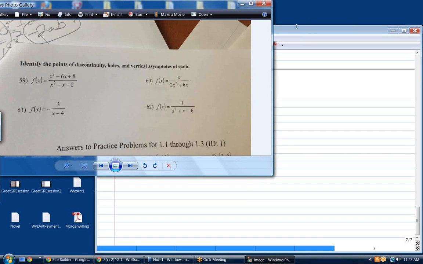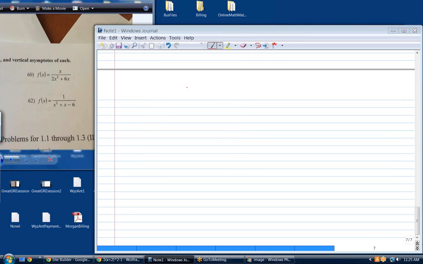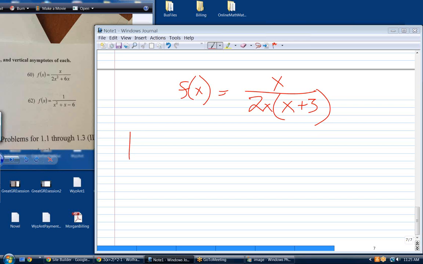Let's look at 60. What do I need to do to the bottom? Factor. Now what? What are my two trouble points? Let's call them trouble points instead of vertical asymptotes or holes.